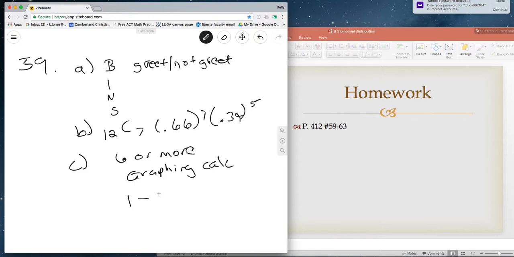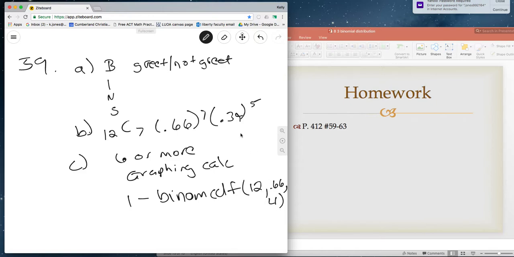So you're going to do 1 minus, and it's called Binomial CDF. And you would type in the number that you had, the probability, and then how many or less. Well, since I wanted 5 or more, I would be checking the 4.